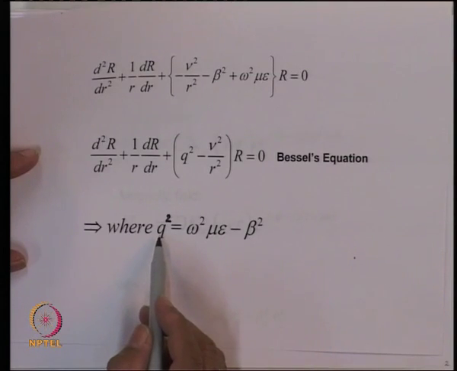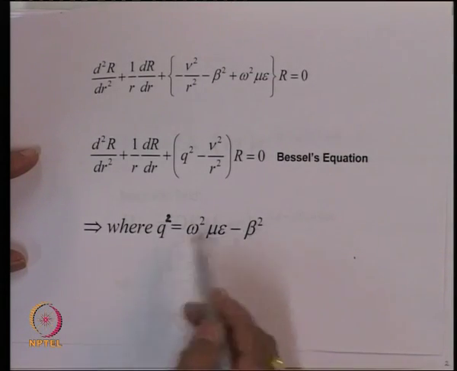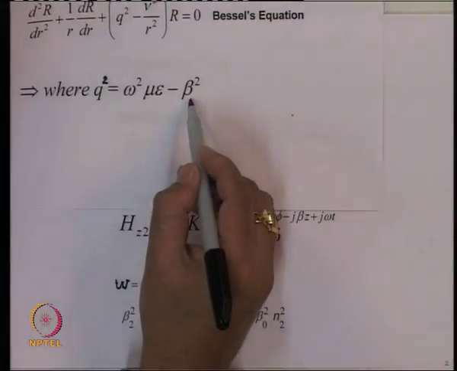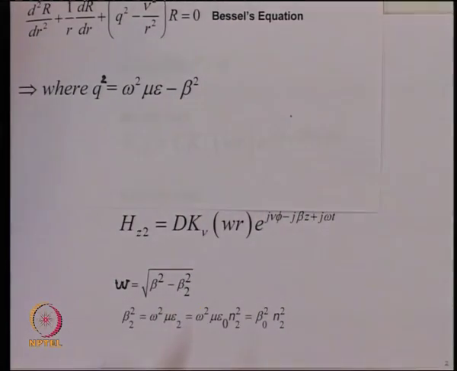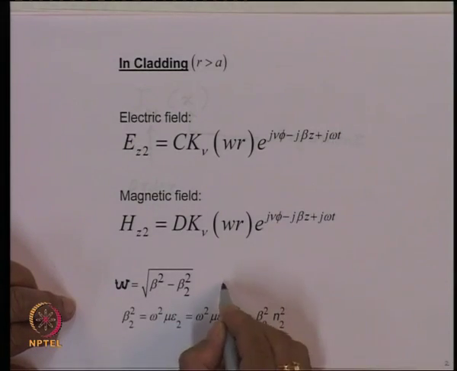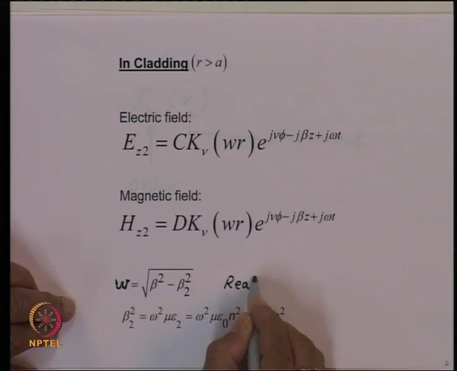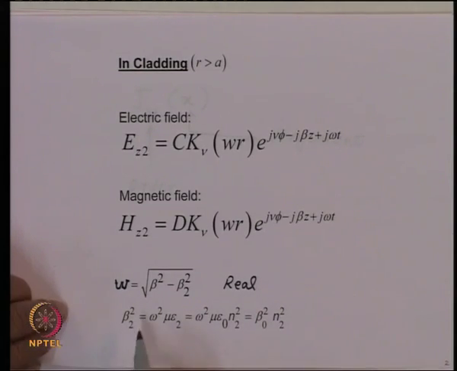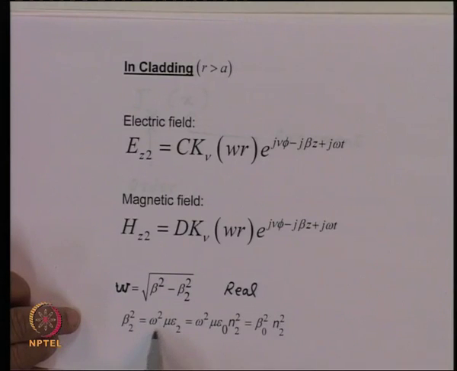Since now we are saying that we are looking for modified Bessel function, we can interchange this sign here and define this quantity W, which is a real quantity, which is beta square minus this quantity, which is nothing but beta 2 square. So, in this case W is real, Q is imaginary, but W, where I have interchanged the negative sign here, has become a real quantity. So, I can define this quantity beta 2 square, which is omega square mu epsilon 2, which is equal to omega square mu epsilon 0 into n2 square, which is equal to beta 0 square into n2 square.